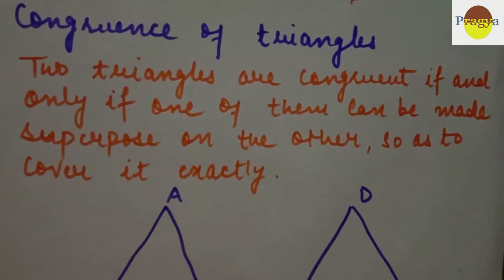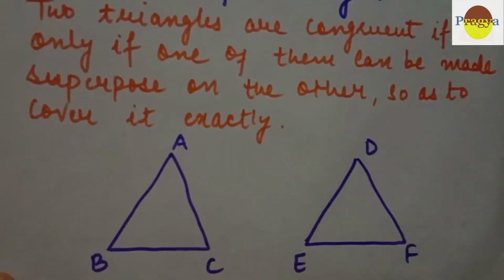Now try to understand what is congruency of triangles. I will explain it more. If we have two triangles ABC and DEF, we have many methods or elements to prove that they are congruent.